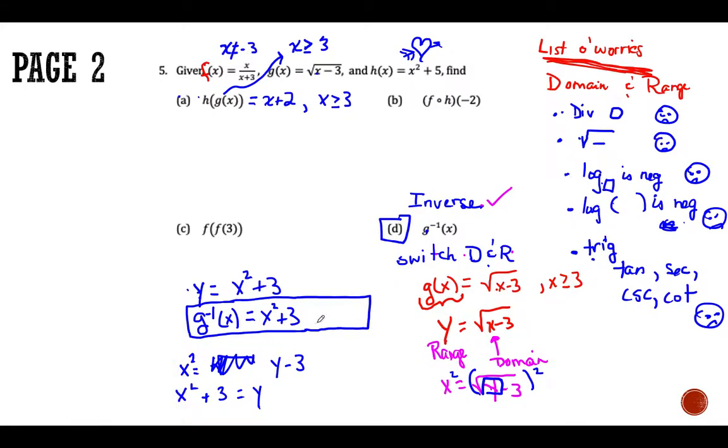but don't forget, you had an issue here. X has to be greater than or equal to 3. Right? Was the domain.